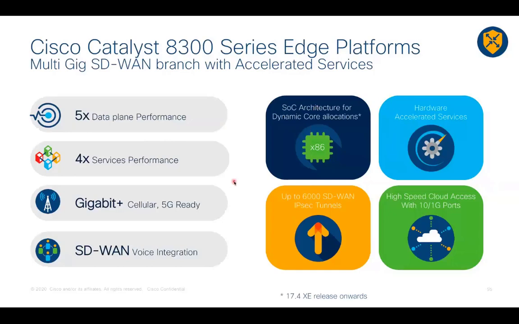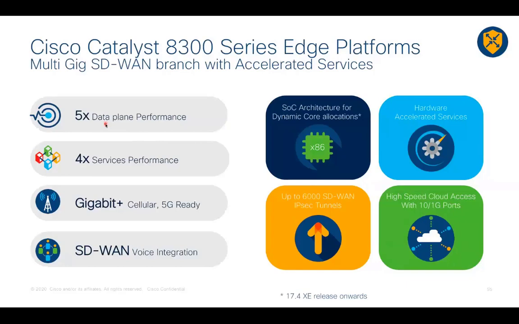So what is special in 8300 series Edge platform that makes it superior to ISR 4400 series platforms? The major differentiator that I could call out in terms of a capability aspect, first is the 5 times performance for IPsec and ceph with hardware accelerator services.